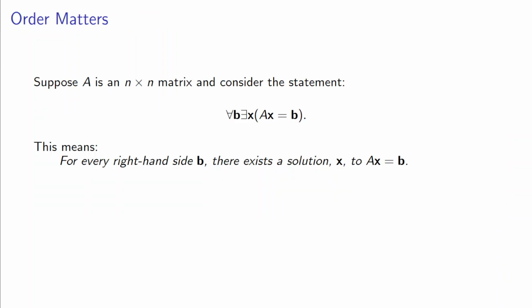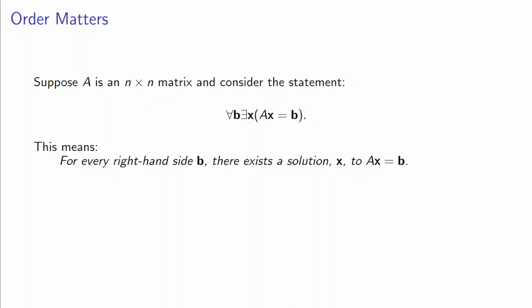The other thing we want to talk about here is the fact that the order of our quantifiers does matter. So let's just see an example here. Suppose A is an n by n matrix and consider the statement for all B, there exists an x such that A times x equals B. So this means that for every vector right-hand side B, there exists a solution x to the equation Ax equals B. This certainly could be true.